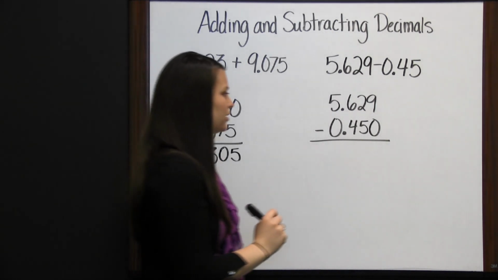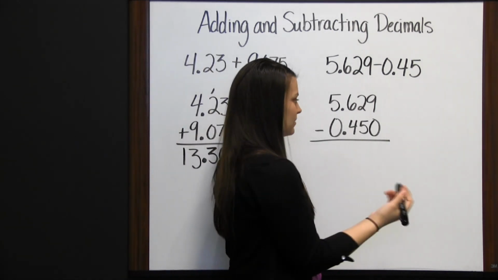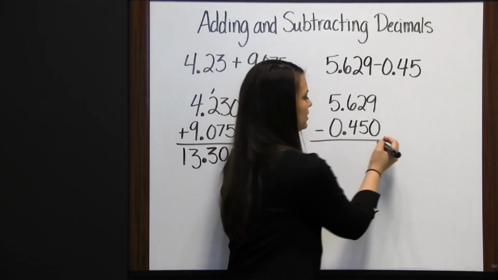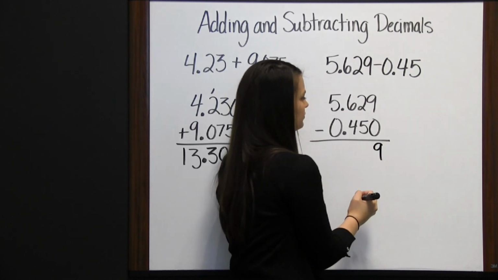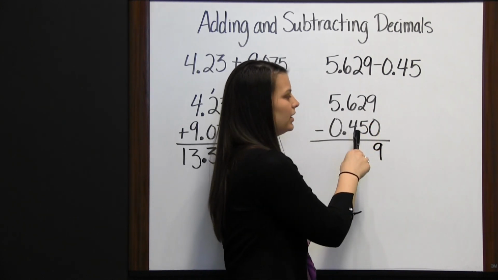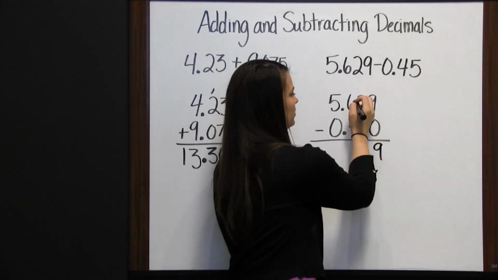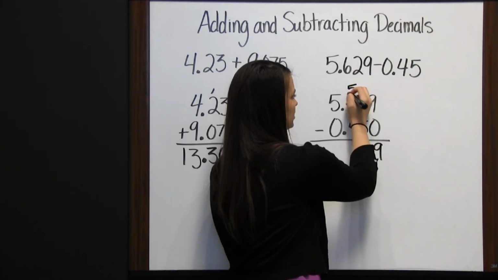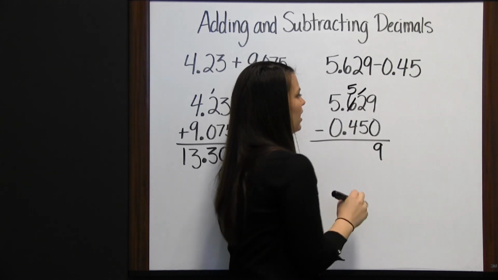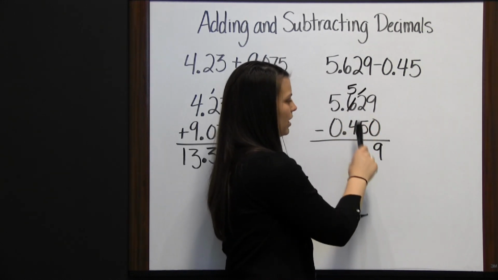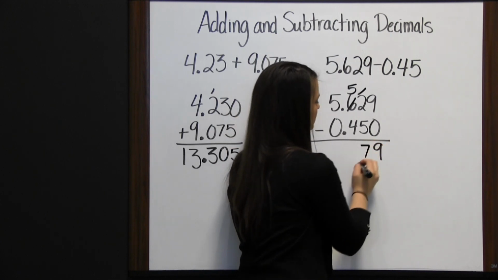Now for subtraction. We're going to do the same thing, except now we're subtracting. 9 minus 0 is 9. 2 minus 5. We can't take 5 from 2, so we need to borrow from our 6, just like we usually would, and add a 1 onto our 2, which makes 12. 12 minus 5 is 7.